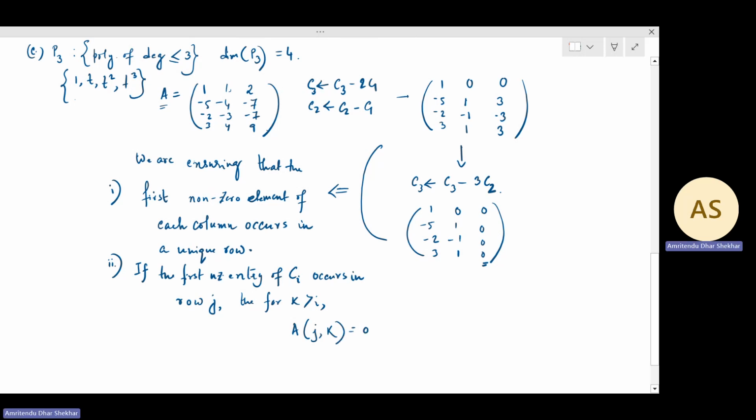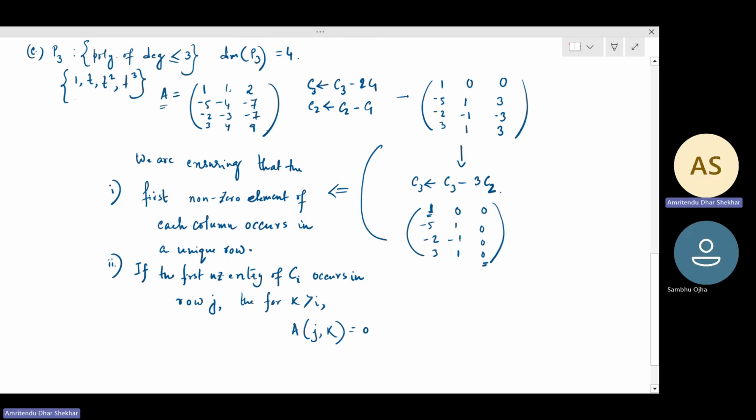For instance, if you take this particular matrix, here the first non-zero entry occurs over here in 1. What we want is that if you look at the row in which this non-zero element occurs, then for all the columns after it, the entries should be equal to 0, as it is over here.